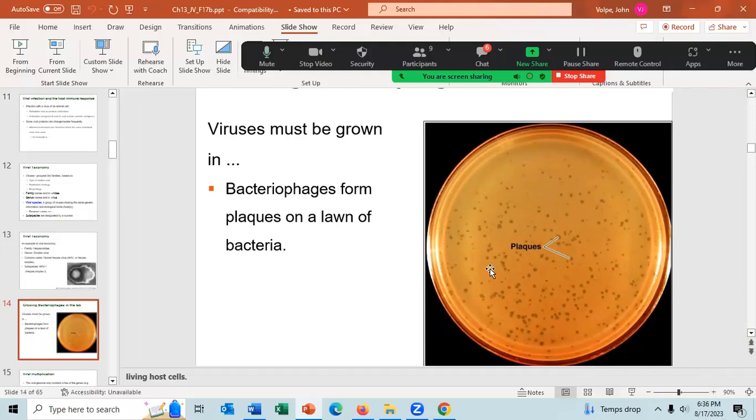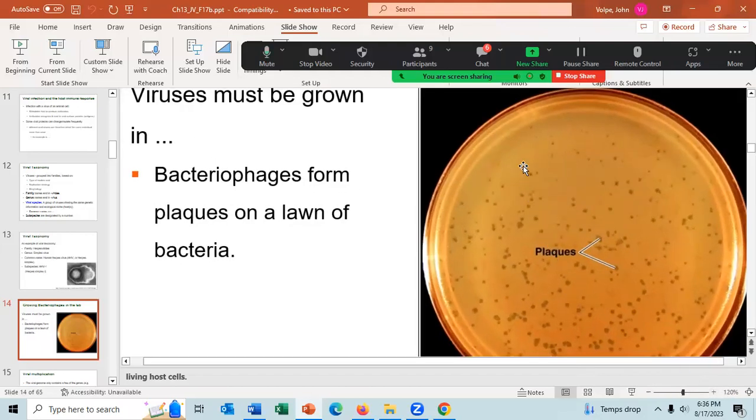And then you spread that solution over the plate. You then incubate the plate and note that the bacteria have grown everywhere except where the plaques are. Where the plaque is, a virus bound to the bacteria and then replicated in that bacteria cell.